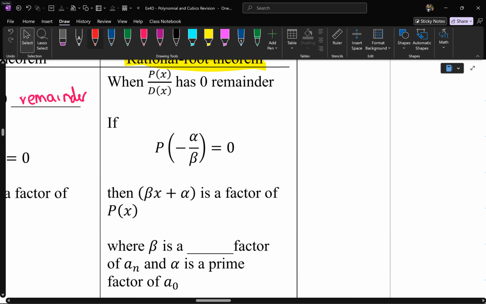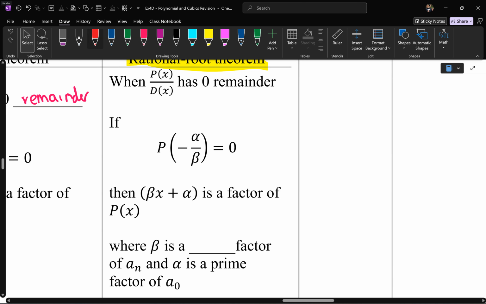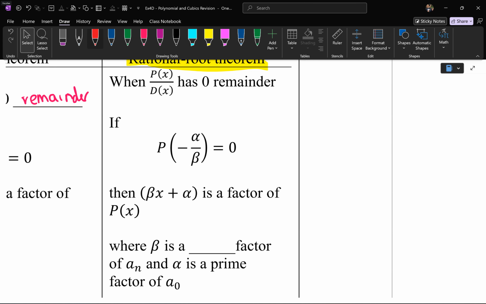Very simple idea, same idea again. You're still looking for that 0, just like factor theorem. The only difference is, well, it could be a fraction, and let's say it's alpha over beta. Okay, we're substituting in. The reason why it's alpha over beta is because we're saying, what if this is your factor? So it could be 2x plus 1 as an example. 2 is the coefficient of x, and then 1 could be the alpha.